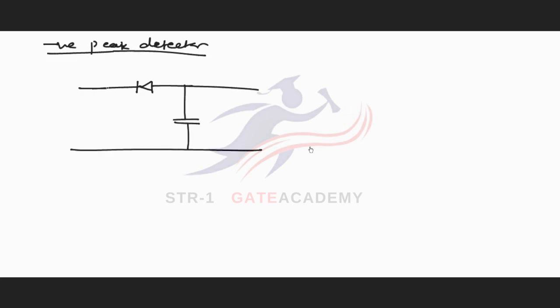In this circuit, the diode will be forward biased during the negative half cycle, and during the negative half cycle current will flow in this direction and the capacitor will be charged up to this voltage Vm with this polarity, and the output V0 will be equal to minus Vm. So this is a negative peak detector.